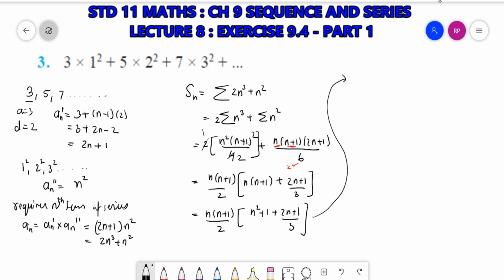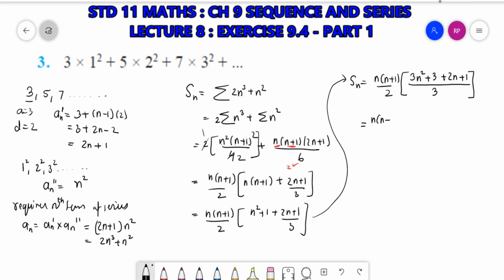Clear? Now let's take LCM. So Sn will be equal to n, n plus 1 upon 2. What is the LCM? The LCM will be 3. So 3 into n square, 3n square, 3 into 1, 3 plus 2n plus 1.